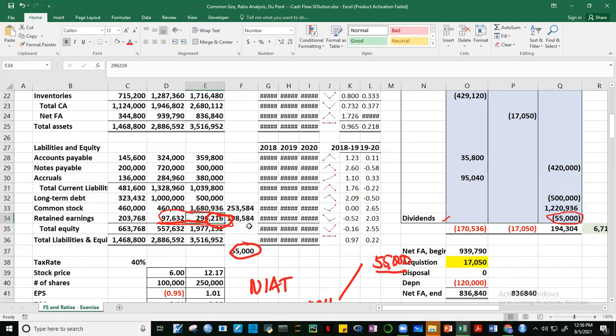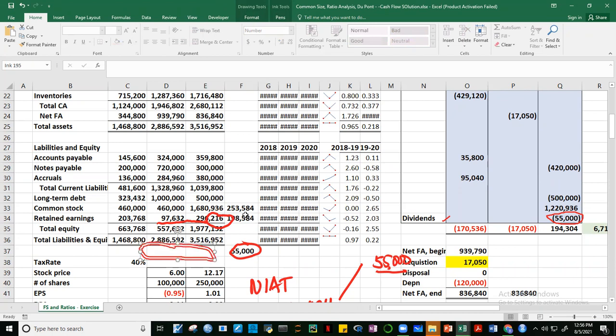Okay, so how much was the increase? If we get the difference of the two, the increase is 198,854.